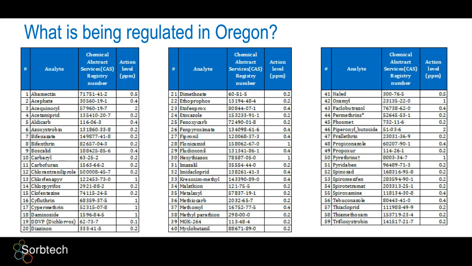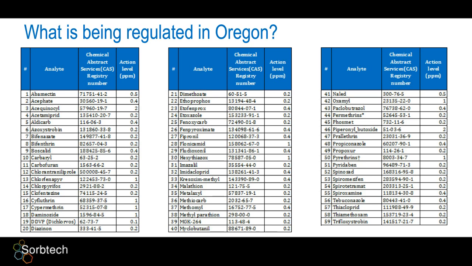Now, we're not going to go over this detailed list, but notice that it's listed by analytes, and that each one of these analytes has a Chemical Abstracts Service registry number, which enables you to know the exact chemical structure as well as to determine their physical chemical properties and their toxicological profiles. That's how you identify things. And there is a specific action level for each one of these pesticides.